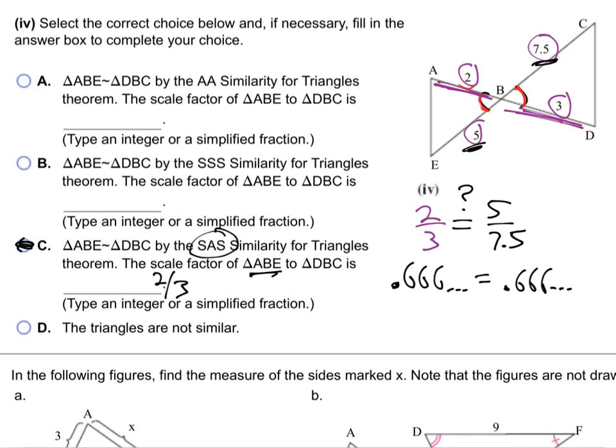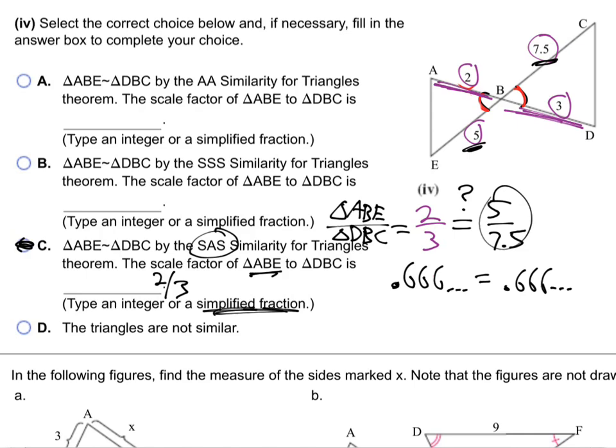The ABE is the one on the left, triangle ABE over triangle DBC, 2 over 3. Or you could put 5 over 7.5, but they don't want that answer because they want a simplified fraction. So let's just give them 2 over 3. Is that good? That makes sense how we proved that one?